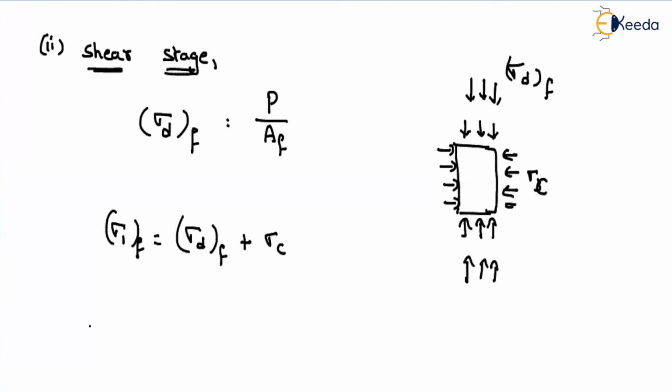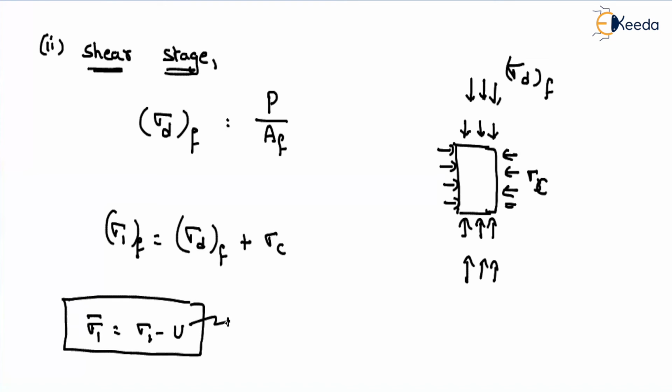We already know that the effective stress is nothing but the total stress minus the pore water pressure. And in this triaxial test, there is a facility to measure the pore water pressure at any time. Okay, this is the basic principle.